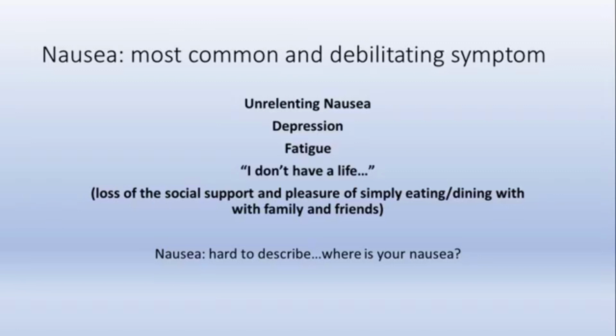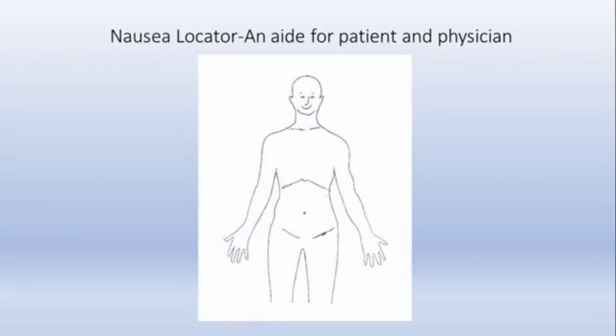So nausea is a huge symptom, and it's often difficult to describe. The physician doesn't always exactly get what we're trying to say. I've had patients that I have finally said, well, where is your nausea? And this is what I've come up with.